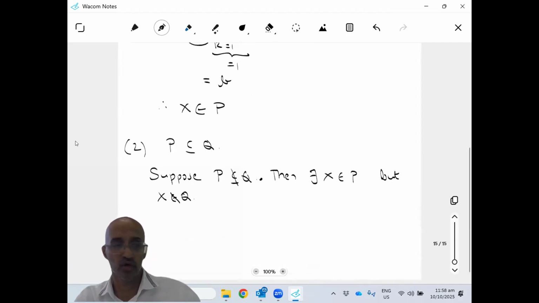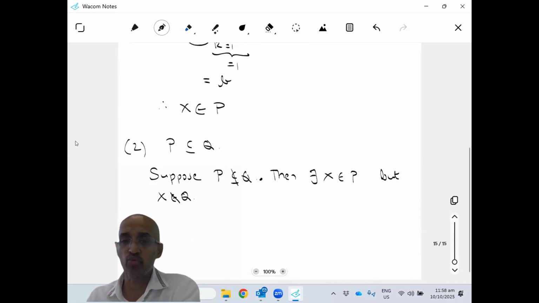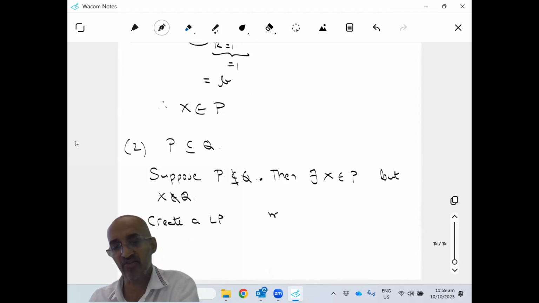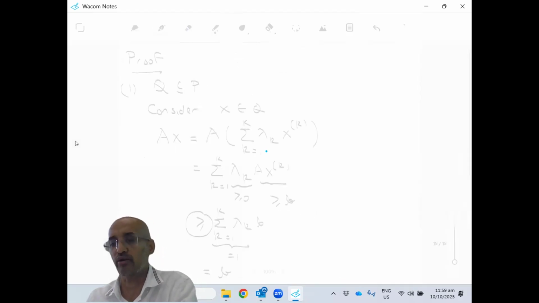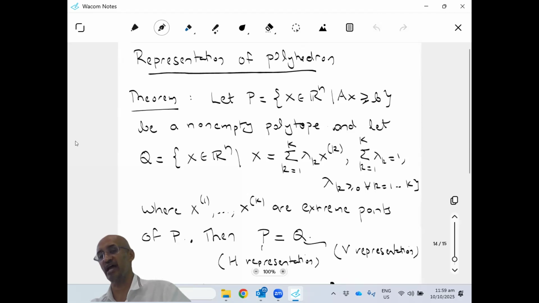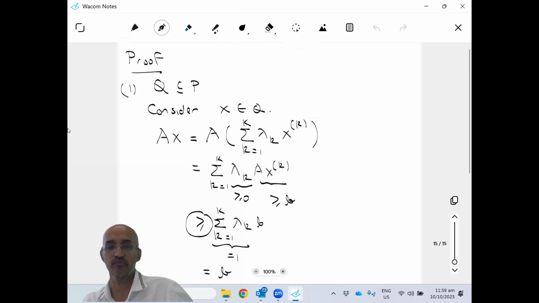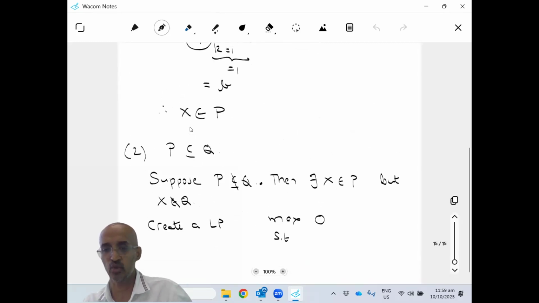Okay. So we're now going to play the same game, create an LP. Create an LP of the following type: maximize. This is similar to the trick we played for Farkas lemma. I'm going to try to write this vector X as a convex combination of these points Xk. So I want to maximize 0 subject to, X is given to me.